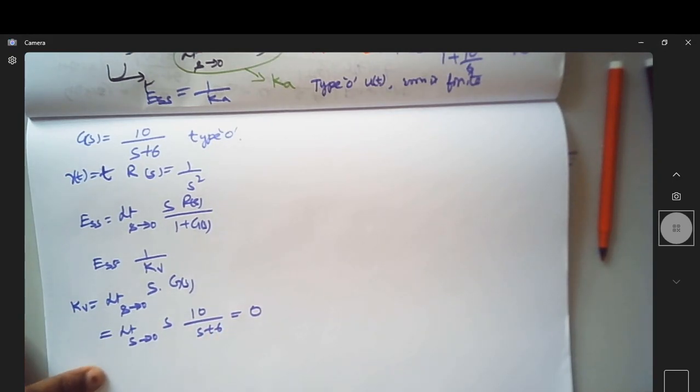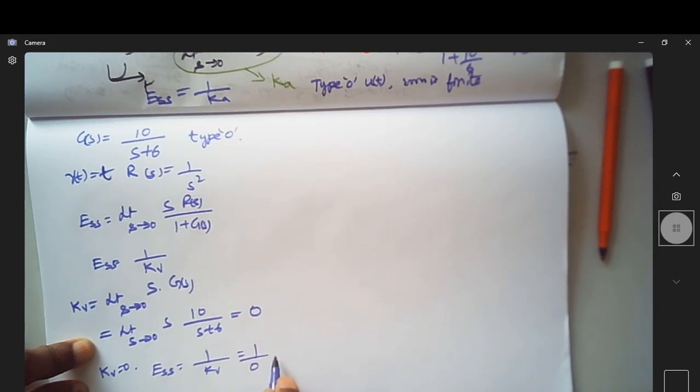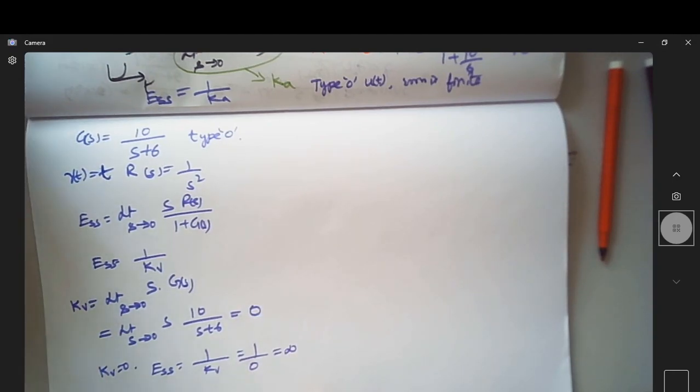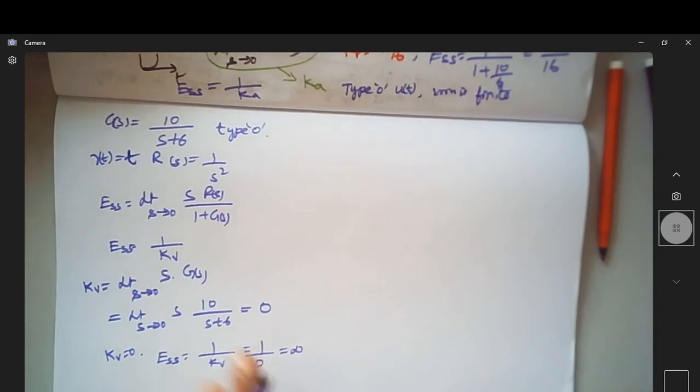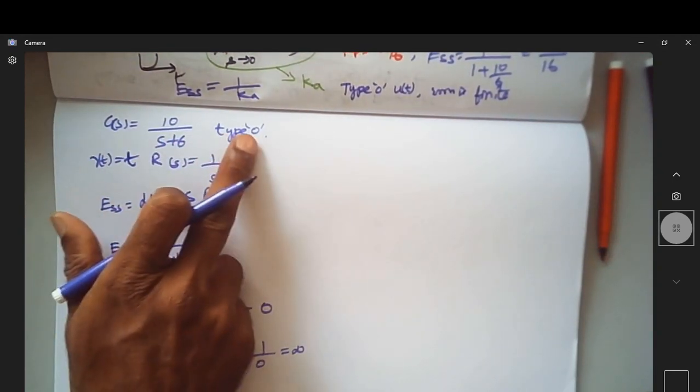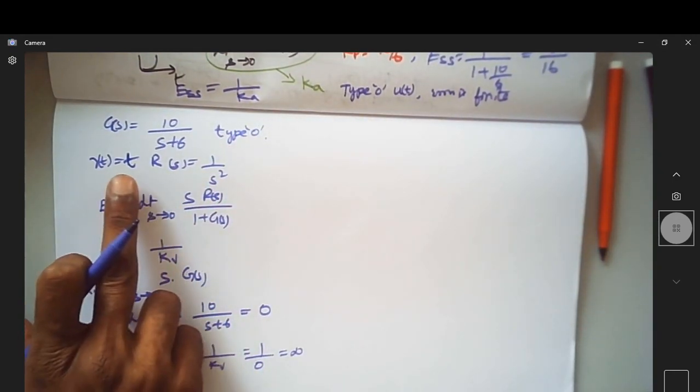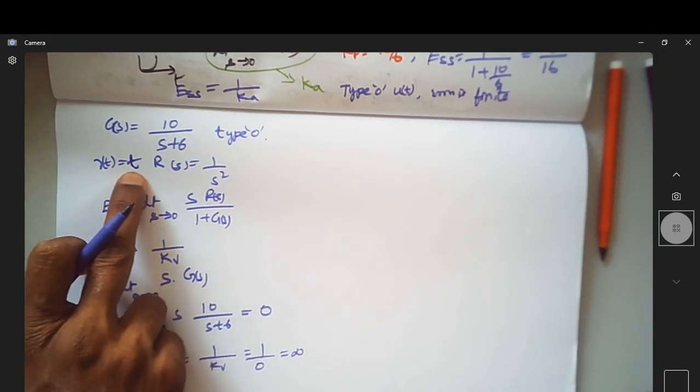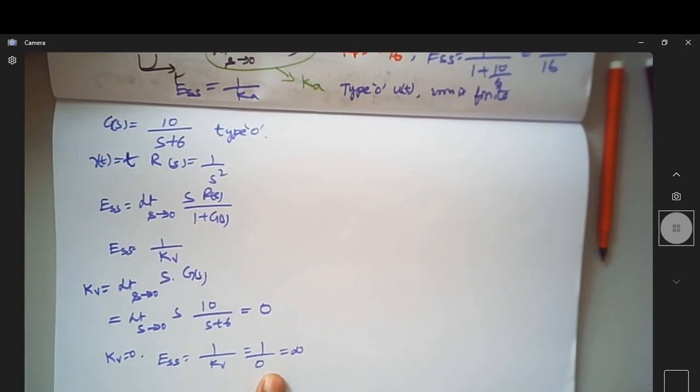So kV is 0. When kV is 0, what is ESS? ESS is nothing but 1 over kV, which is nothing but 1 over 0. This will become infinite. So the summary is, for a type 0 system, if you give a ramp input, the steady state error is infinite.